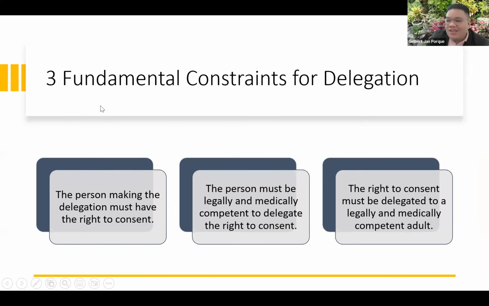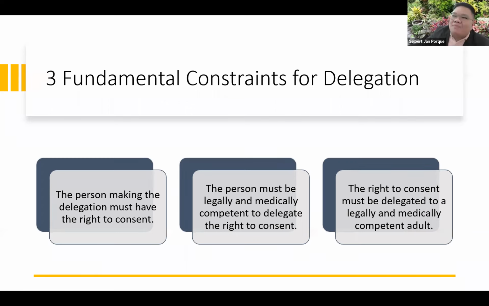Okay, kidding aside. Now, these are the three fundamental constraints for delegation. Why are they said to be constraints? Because these people could not delegate. So the person must have the right to consent. In other words, hindi pwede na ikaw yung mag-delegate kung ako mismo, halimbawa, I'm mentally incapacitated. I could not delegate it to my girlfriend unless I did it before my mental incapacitation.